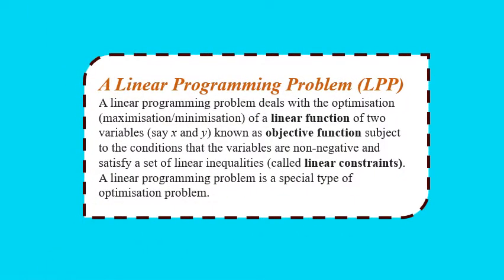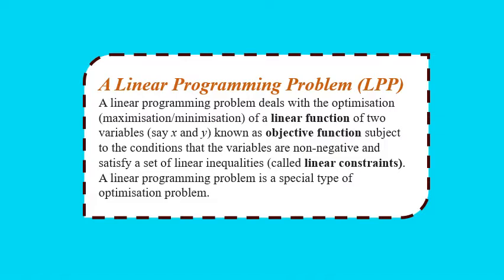So a linear programming problem deals with the optimization, that is maximization or minimization, of a linear function of two variables x and y known as the objective function, subject to the condition that the variables are non-negative, that is x and y should always be positive, and in some cases maybe 0, and satisfy a set of linear inequalities called linear constraints.